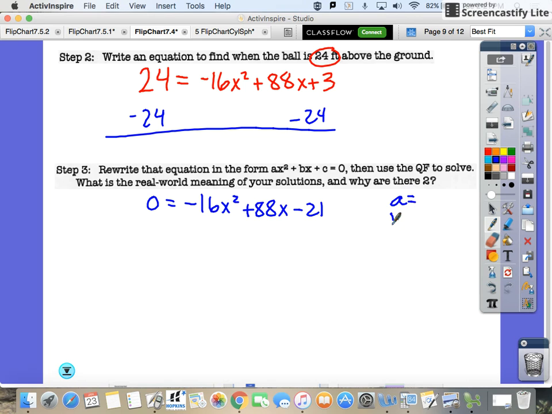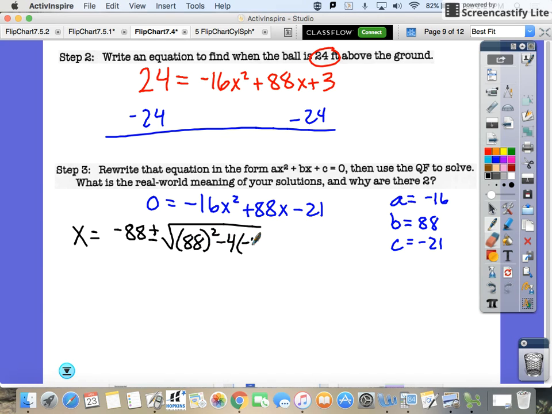So now we establish A, B, and C. A is -16, B is 88, C is -21. And let's plug it in the quadratic formula. x is equal to opposite b plus or minus the square root of b squared minus 4ac, all over 2 times a.